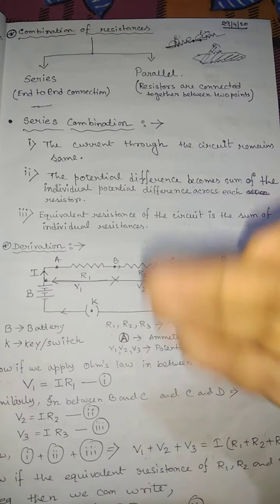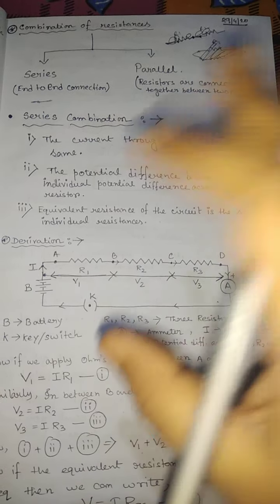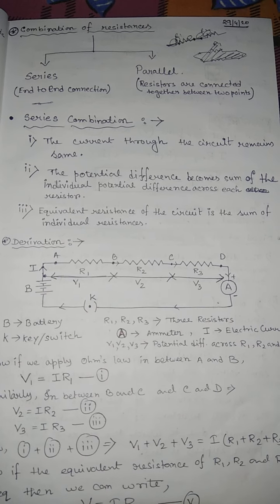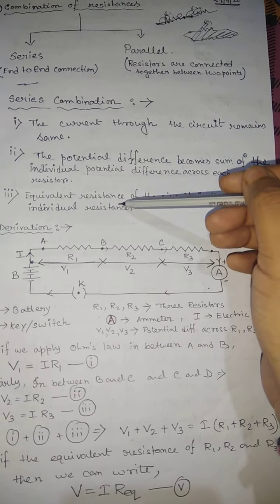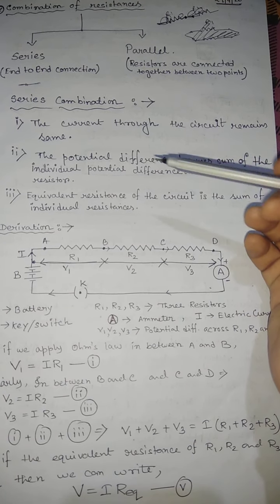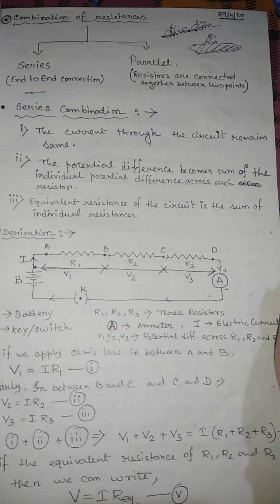Before we derive the formula of equivalent resistance in both combinations, we have to remember these three points. If you remember these three points, it is easy to derive the equivalent resistance expression.